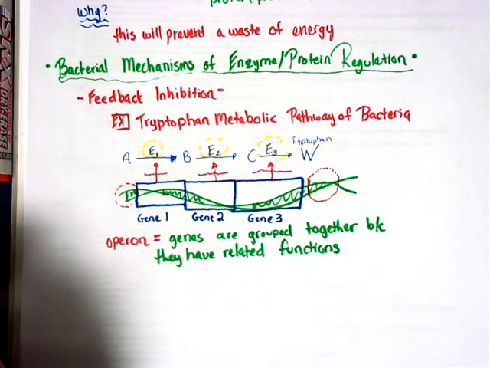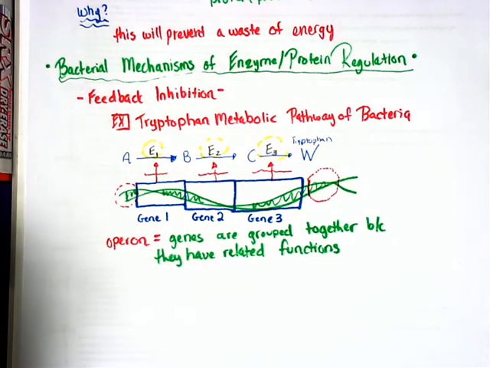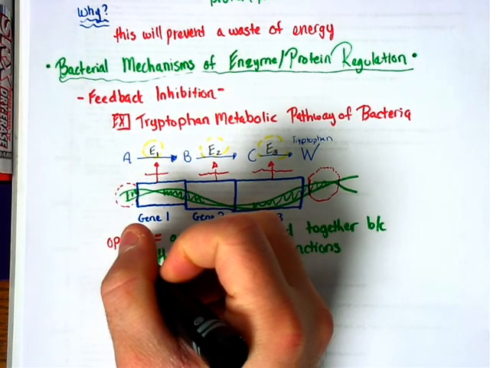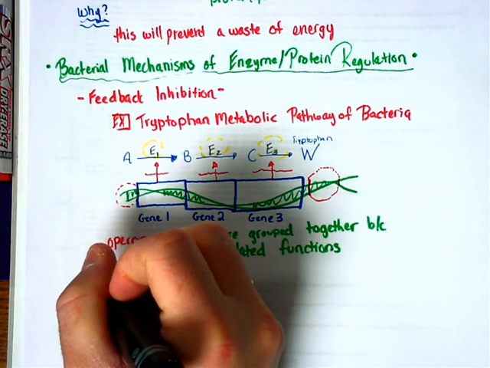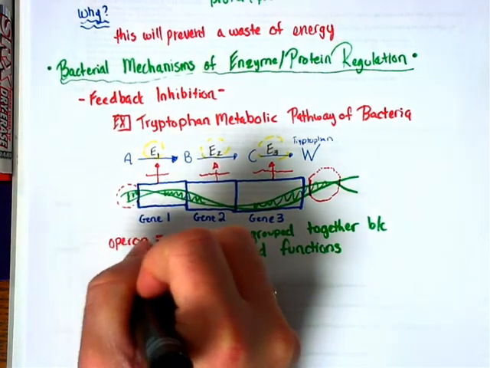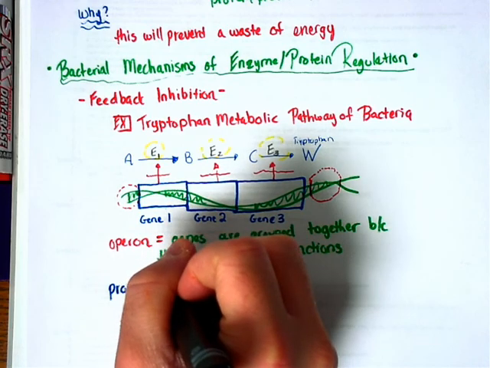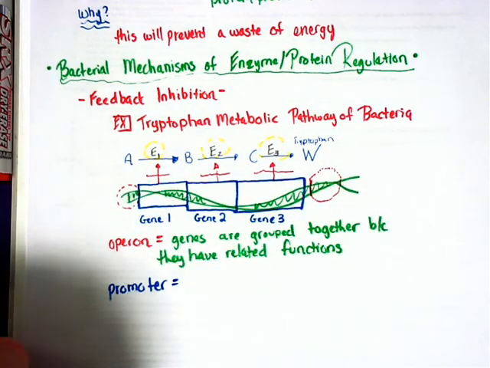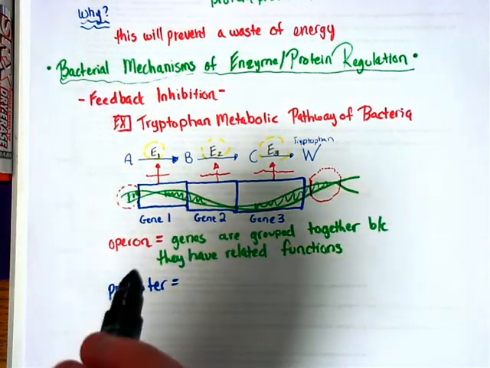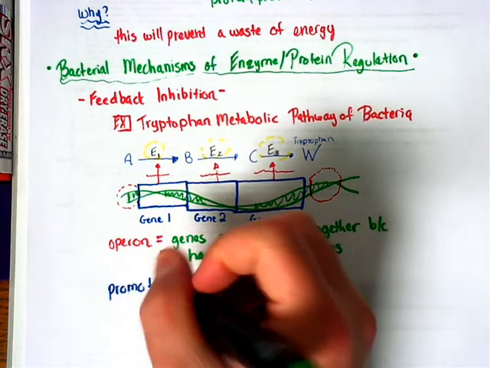And there's going to be a couple of important sites on an operon. So on an operon, I think we could find a promoting site, or a promoter. What the promoter is, that's going to be the site for where the RNA polymerase will bind.